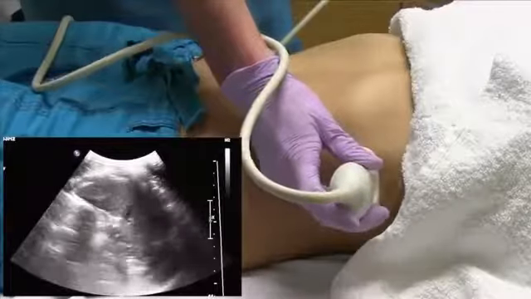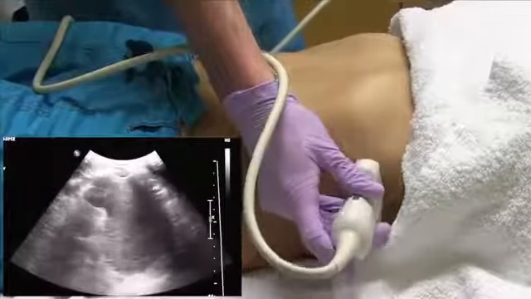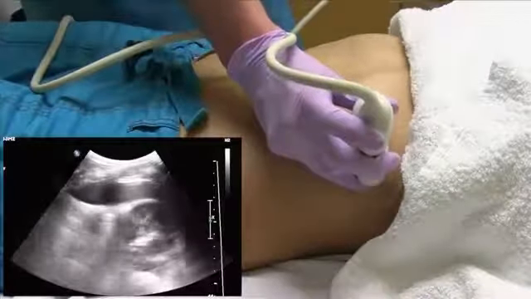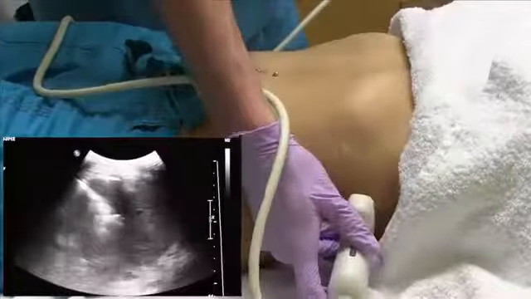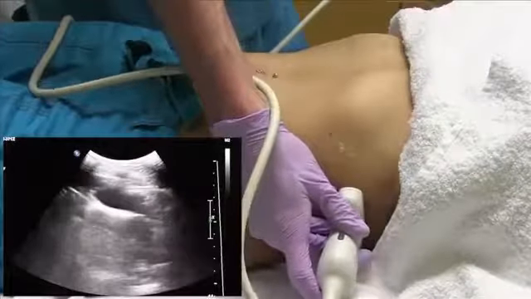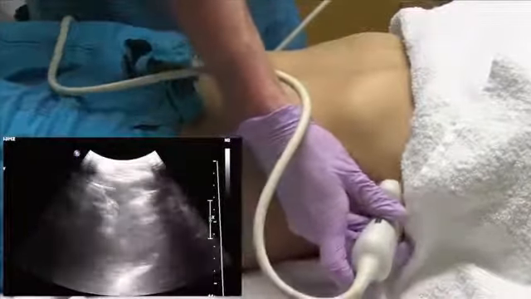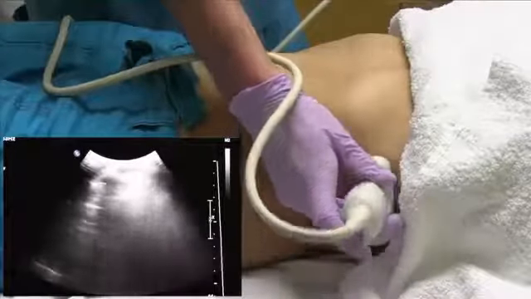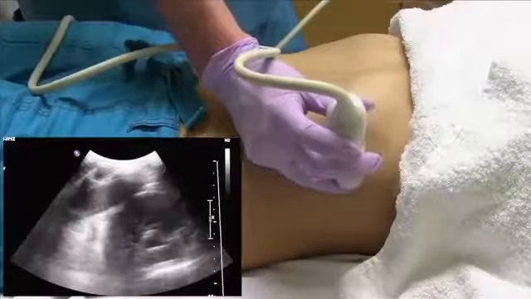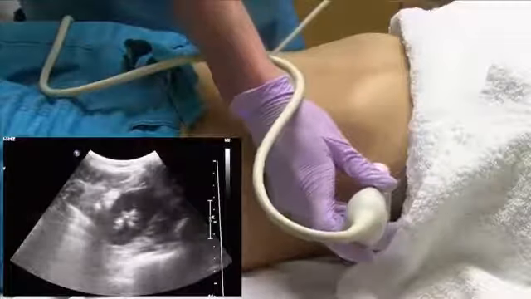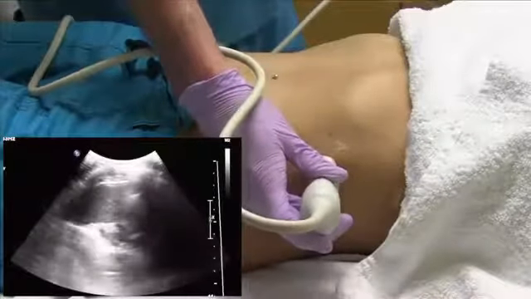But all you can do is angle, maybe come a little more anterior or posterior to get around those ribs, and sweep through as much of the spleen from these different windows as possible until you feel like you've seen the entire spleen.